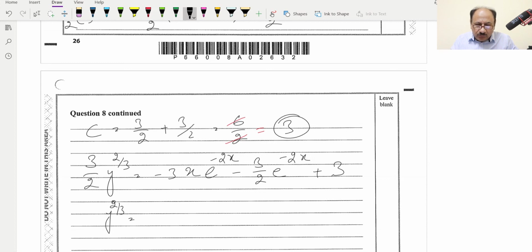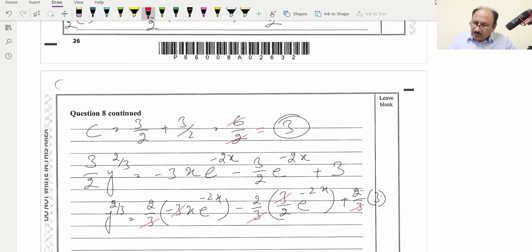This will be equal to 2 over 3 into minus 3x e raised to minus 2x, and minus again 2 by 3 into 3 over 2 e raised to minus 2x, plus 3, or we can write separately plus 2 over 3 into 3. Now we can cancel. This will be cancelled, this will be cancelled, this will be cancelled, and 2 will be cancelled also.